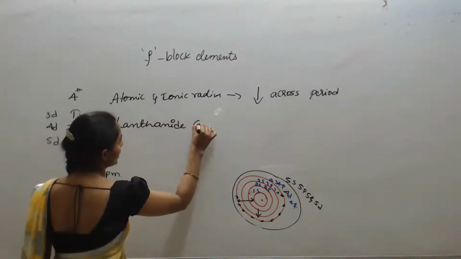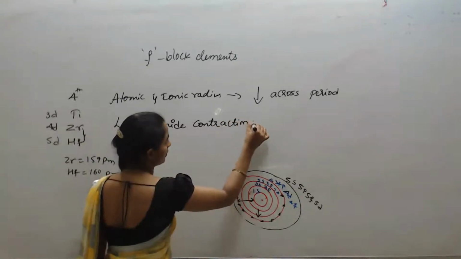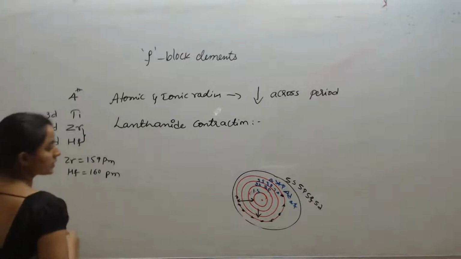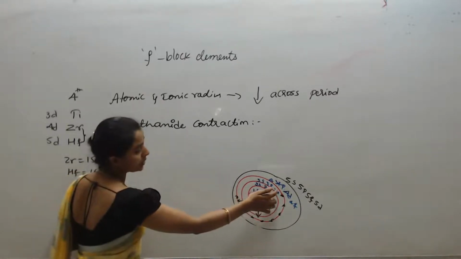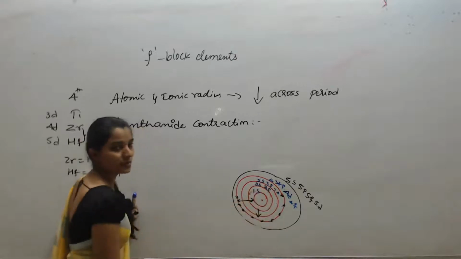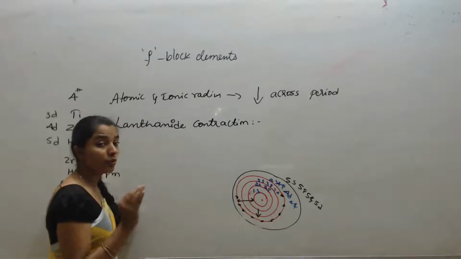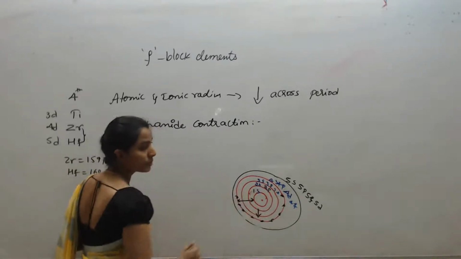This lanthanide contraction. So what is lanthanide contraction? First, the addition of electrons to the inner subshell, or anti-penultimate shell, results in poor shielding effect.